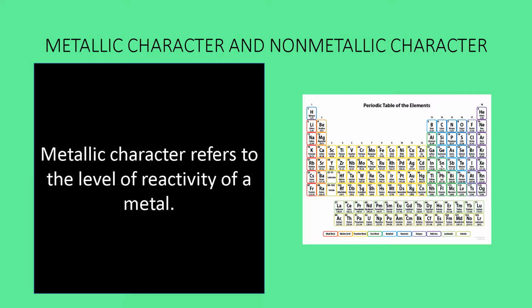Our last trend to talk about is metallic character and non-metallic character. So metallic character refers to the level of reactivity of a metal, and metallic character is going to increase from right to left and from top to bottom.